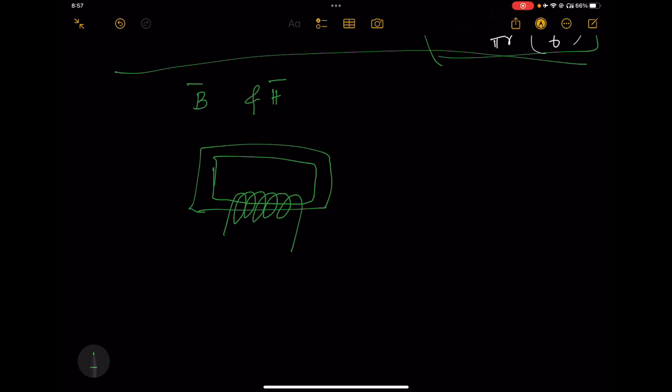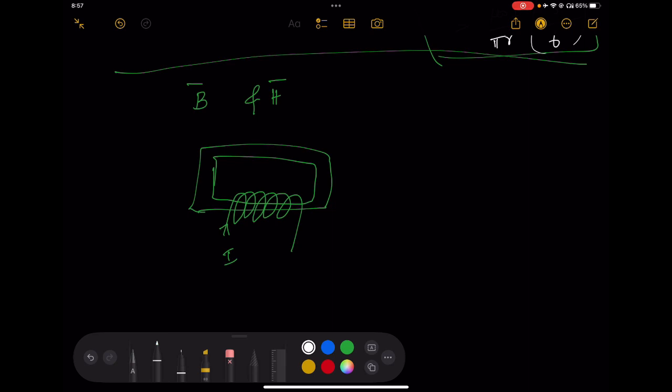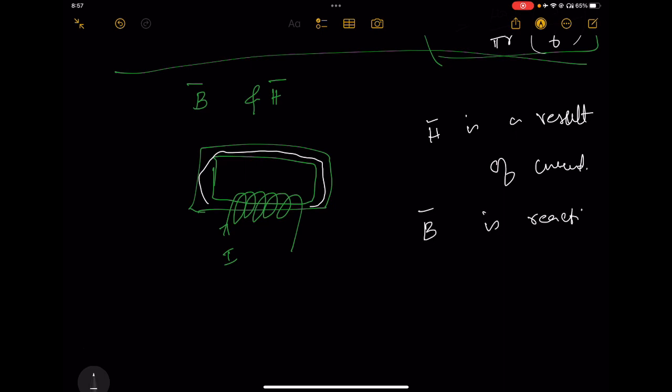If the current I is flowing here, because of I there will be a magnetic field here. What they say is H is a result of the current flowing, but B is the reaction from the medium.